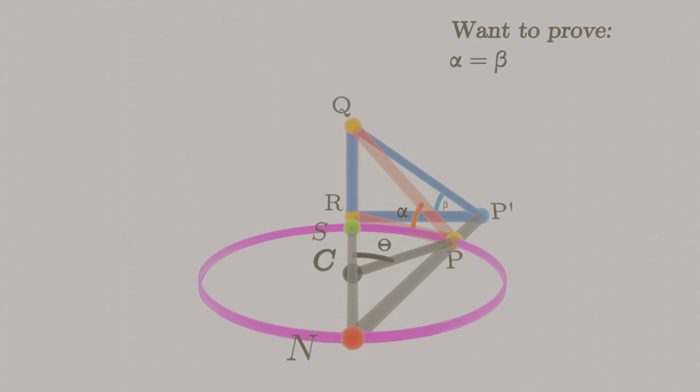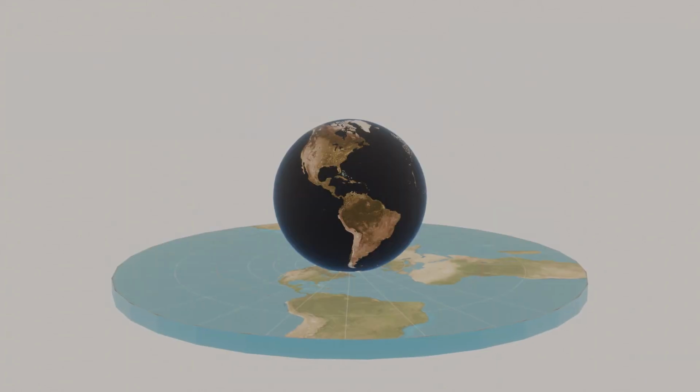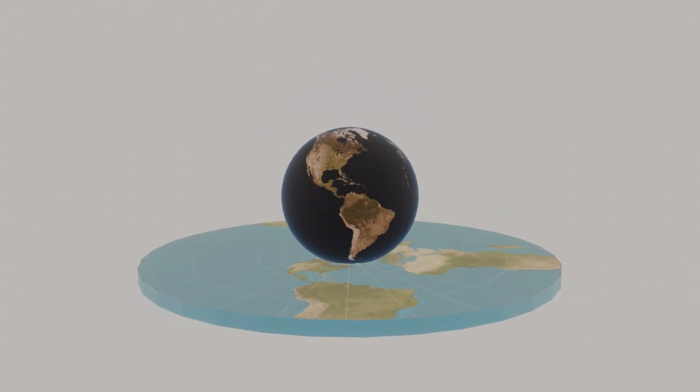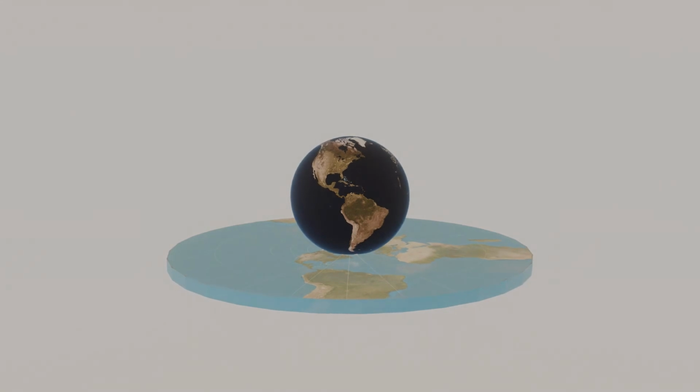Using the triangles laid out in the longitudinal lines plane, we can prove that triangle RPP' is isosceles, which in turn proves that angle alpha is equal to angle beta, which also in turn proves conformality for stereographic projection.